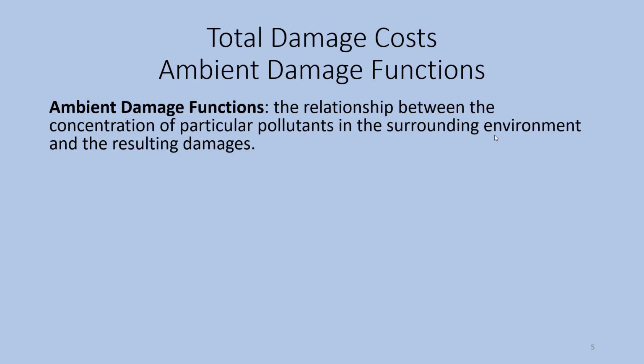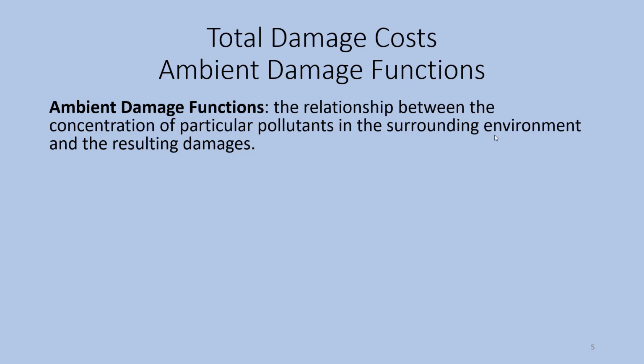Emission damage might be the tons of something being released into an atmosphere, like the tons of carbon dioxide being released, and what is the damage being caused by that? Whereas ambient damage might refer to the parts per million of something in an atmosphere. Or in other words, what does our environment look like as a result of all these past pollutants?